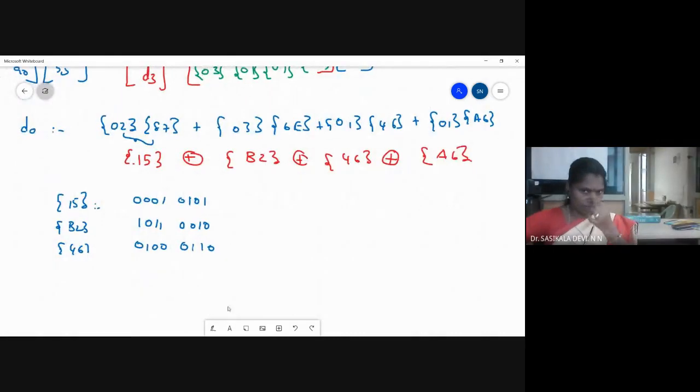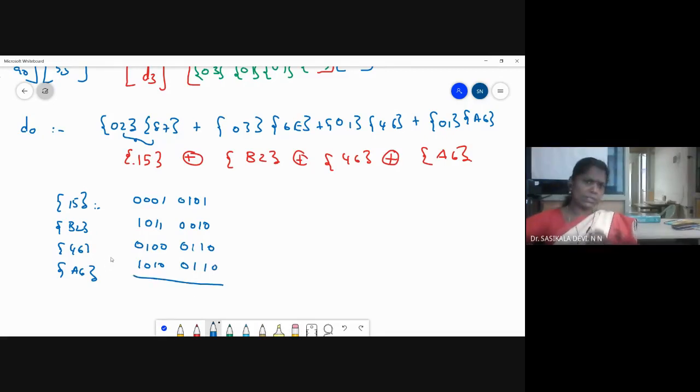Can you follow me? Then finally A6, which is 1010. Just do the XOR. Where there are 2 ones, the result is 0. Where there is only one 1, the result is 1. Here 2 ones, so 0. 1 XOR 1 is 0.